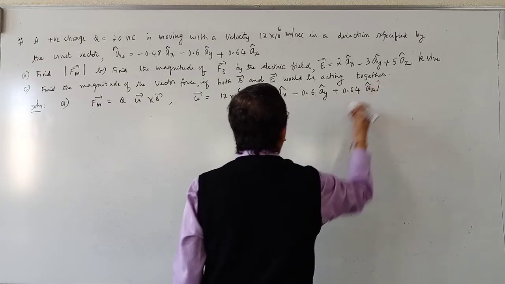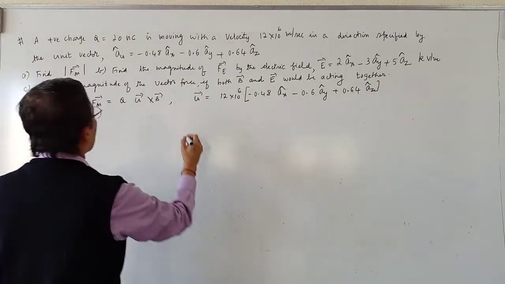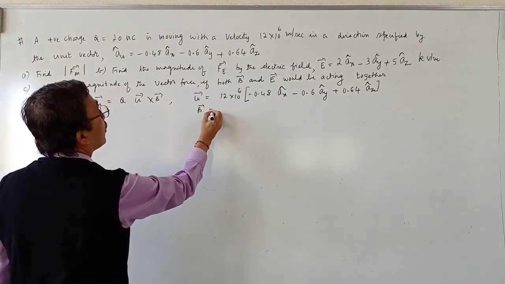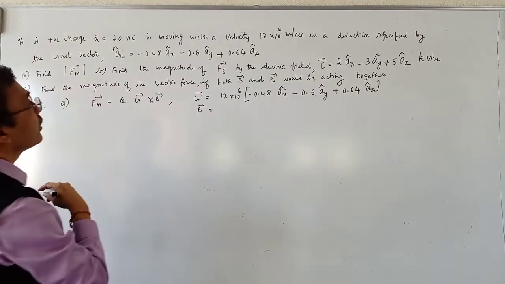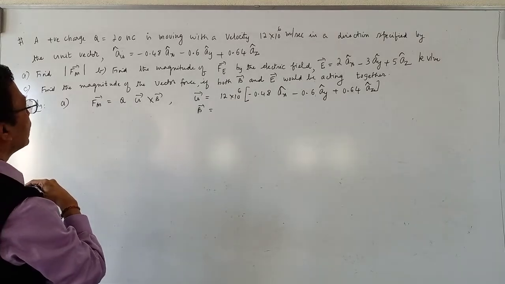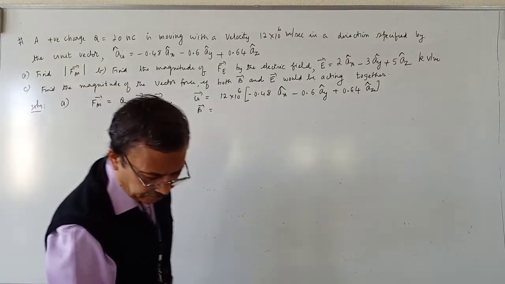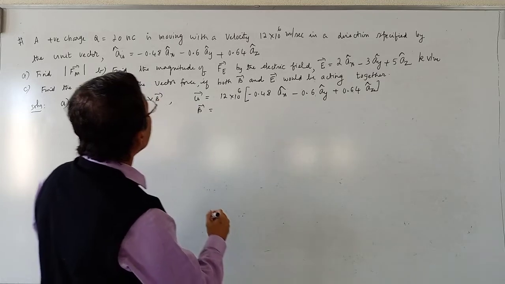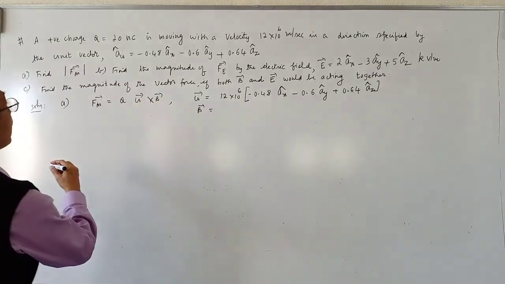And what is vector B equals? U cross B. Vector B should have been given.